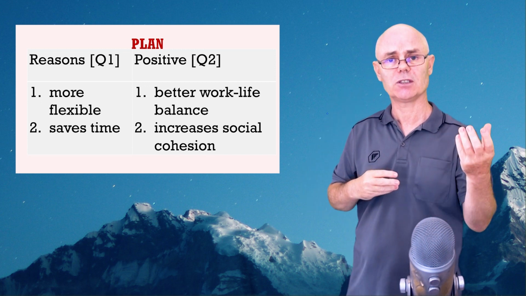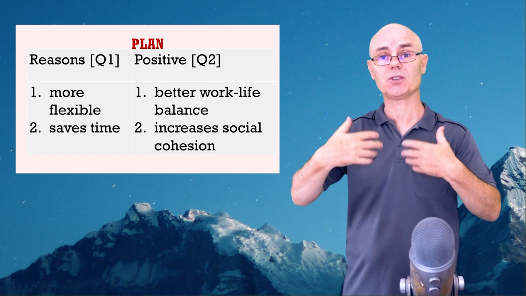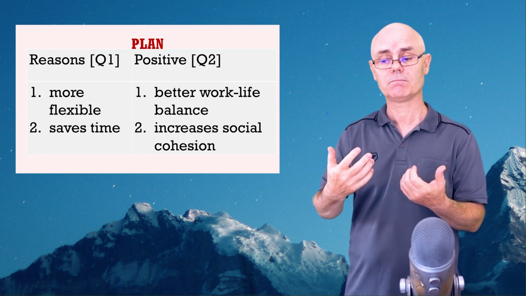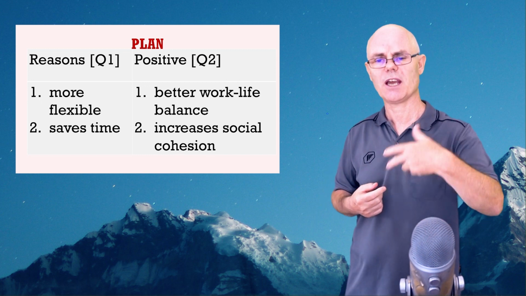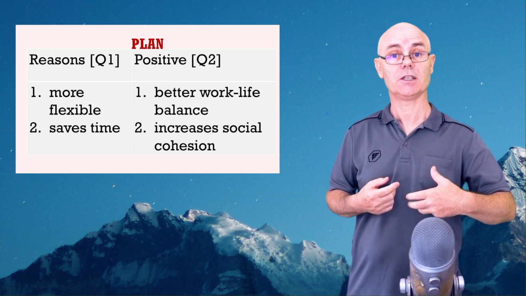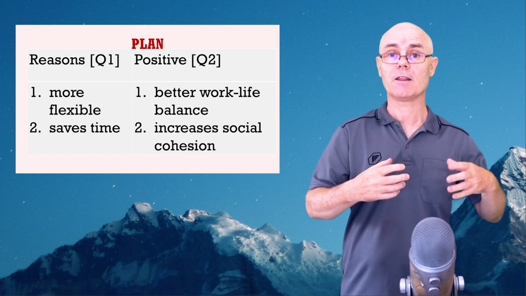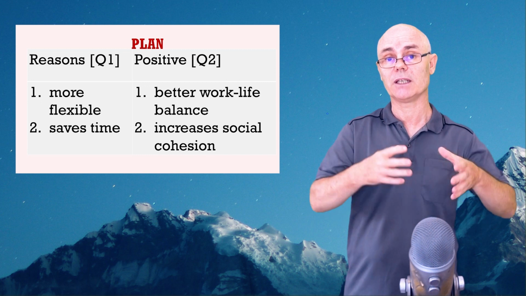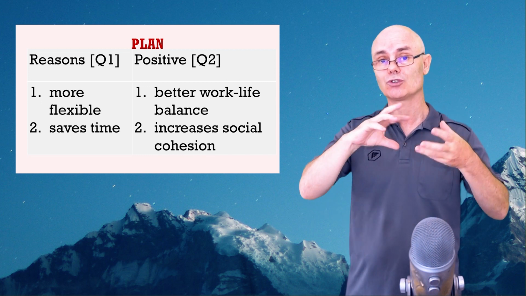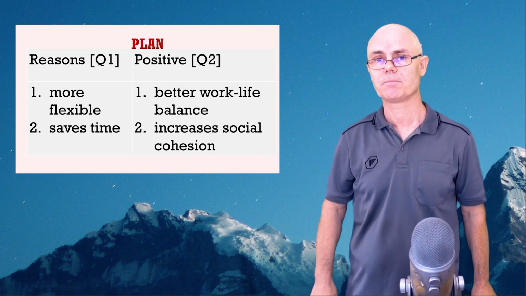And then saving time has a positive outcome of increasing social cohesion. You'll see how this works in a bit. Basically, if people have got more time, then they have more time to bond with their friends and family, and this leads to stronger bonds in society.